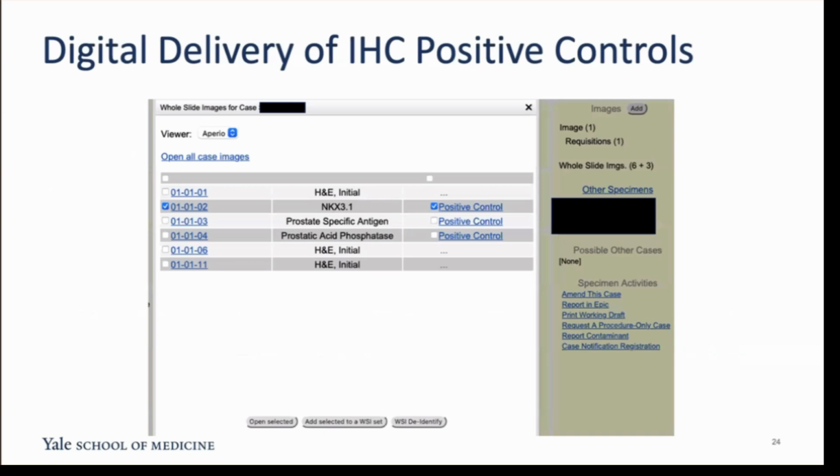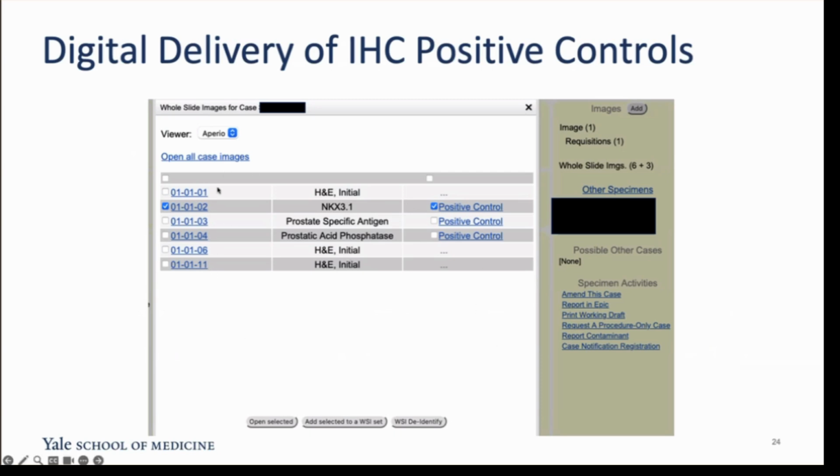And this is how it looks. Again, you will recognize the last column of the pathology portal and the link to whole slide images. You'll see two numbers here. The first number is the slides that are from the case. The second number is the number of positive controls that are associated with that case. When we click on that, we get this pop-up dialog.